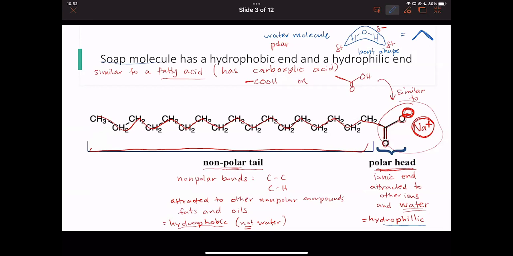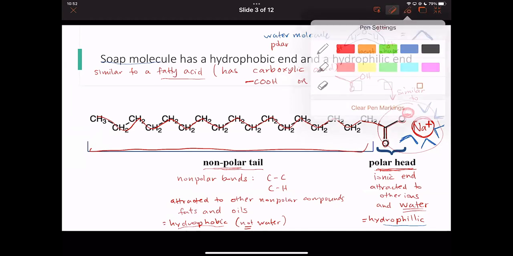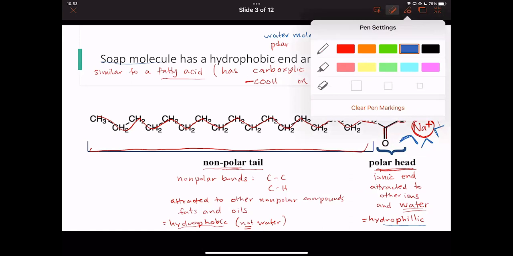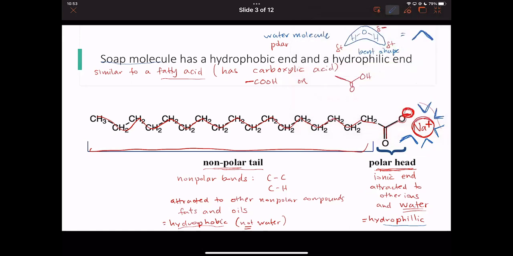So how the water molecules arrange on this soap molecule is, it's not attracted to the nonpolar tail, but the water molecules are attracted in a very specific purposeful way, that the negative ends of the water molecules are attracted to the positive end of that soap molecule, and the positive ends of the water, the open end, are attracted to the negative end of the soap molecule.